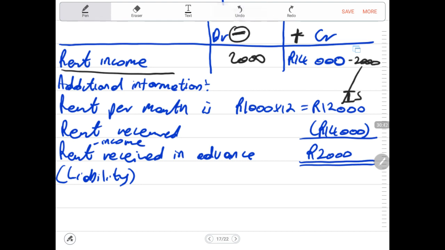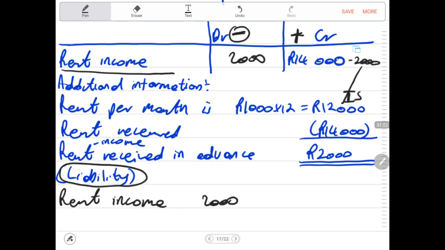Now, with that, let us record the rent income of 2,000 rands. Then we say income received in advance will be the contra entry. Remember, income received in advance is a liability, so it has to be recorded on the credit side, because liabilities increase on the credit side.